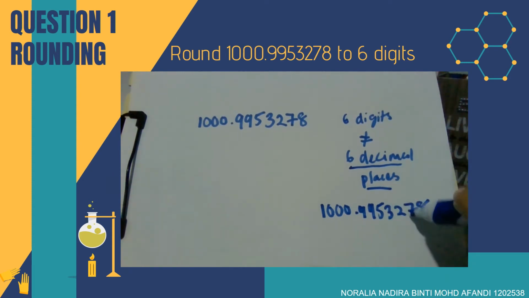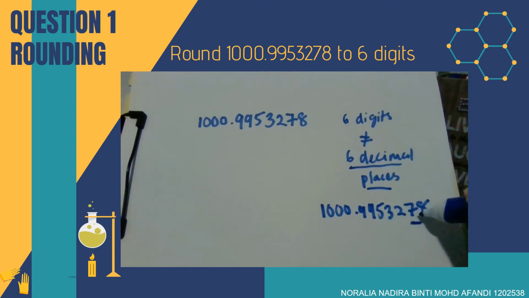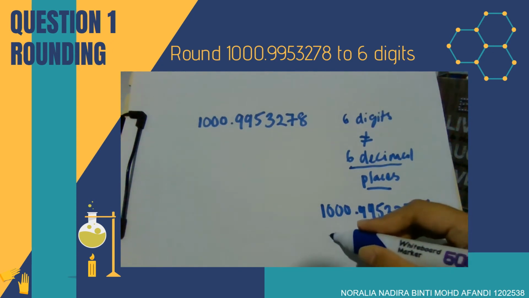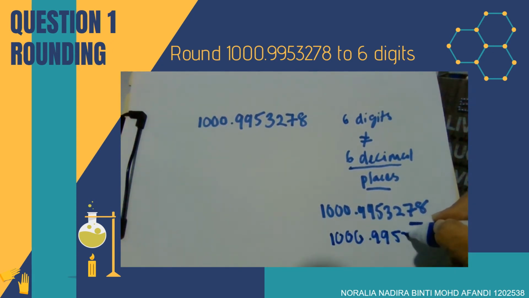It will not be the 7 here, right? 1, 2, 3, 4, 5, 6. Then we will look at the number beside the 7, which is 8. So we round up this. So it will be 5328, right? But this is not what the question wants.